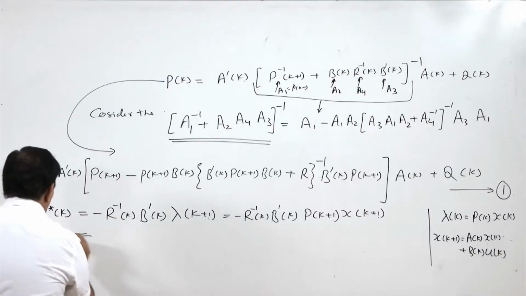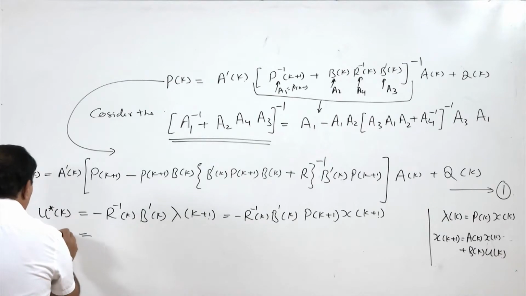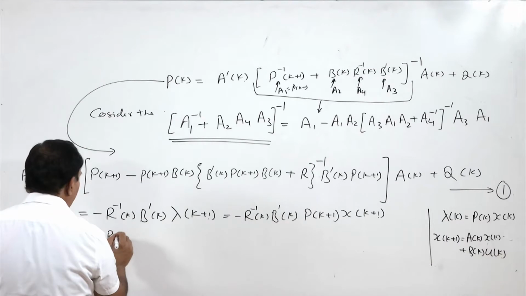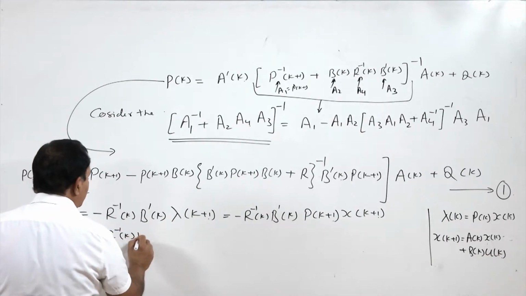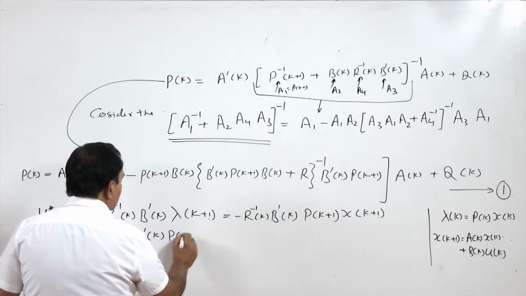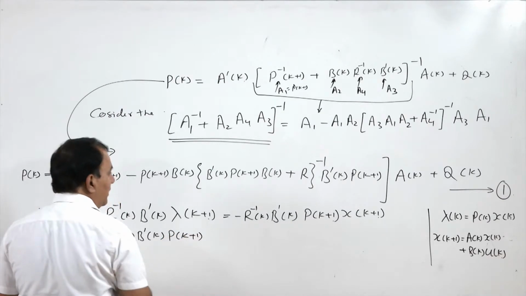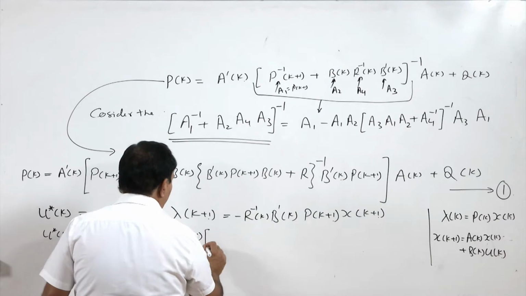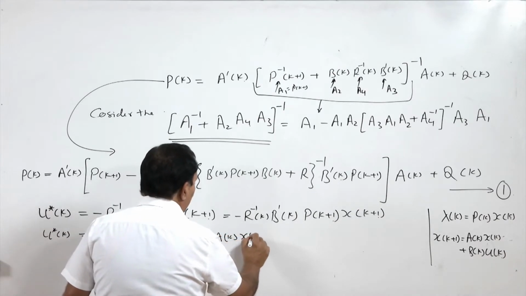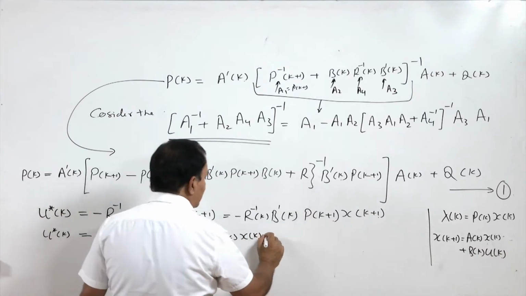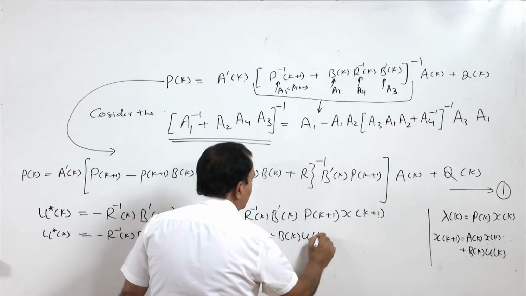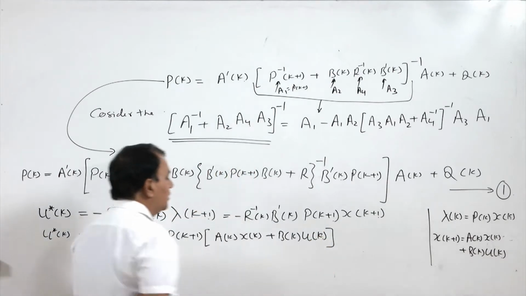So my u star k is nothing but minus R inverse B transpose P(k+1), and for this I will have A(k) x(k) + B(k) u(k).